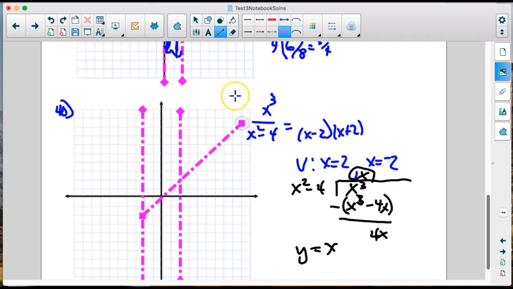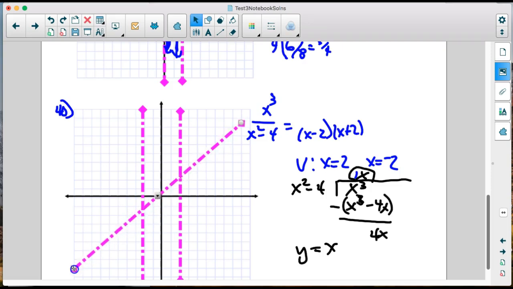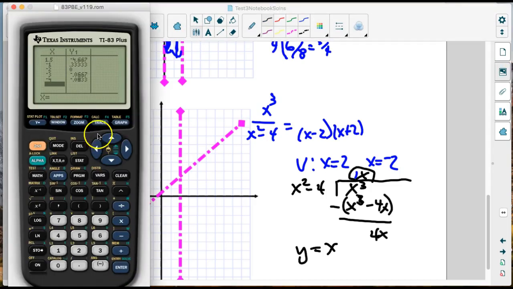Okay, and then for the purpose of this, we're going to extend this side out straight out this way. So we have more asymptote. So now let's look at the graphing calculator and see what it says by doing this problem.